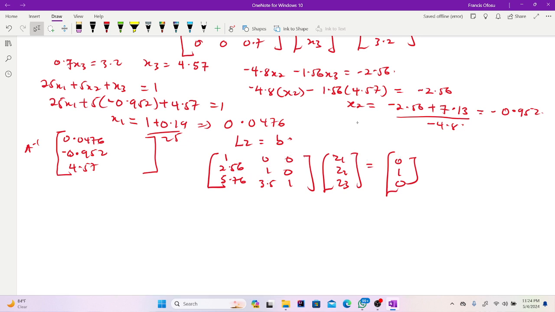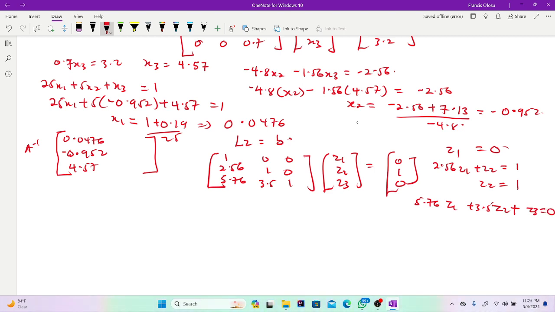So what is Z? Z1. From here, I'll say that Z1 times 1 equals 0. So Z1 is 0. What is Z2? 2.56 Z1 plus Z2 is equal to 1. We know that Z1 is 0, so Z2 is also equal to 1. Then finally, our Z3, we're going to have 5.76 multiplying Z1 plus 3.5 multiplying Z2 plus Z3 is equal to 0.